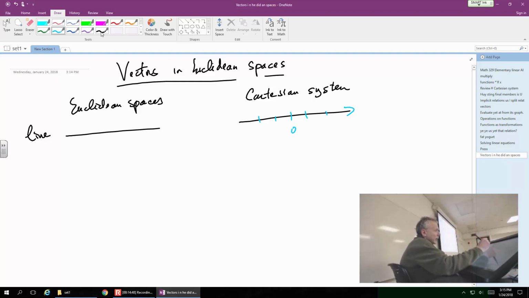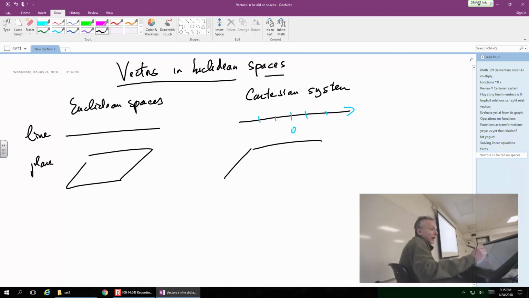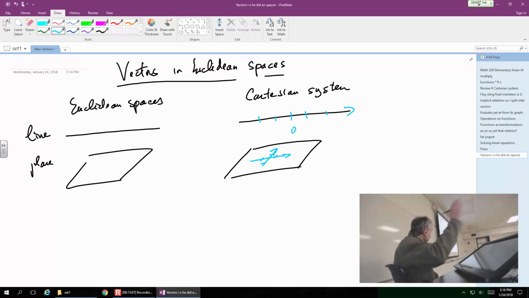And then we go on with the plane. We take that plane and put two axes on it, ideally perpendicular, and once again it creates a Cartesian system on that plane. So the plane is Euclidean. Compare Euclid on one hand and Descartes on the other.